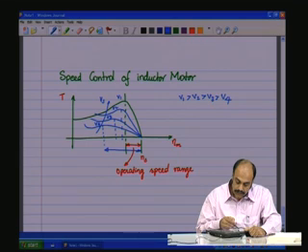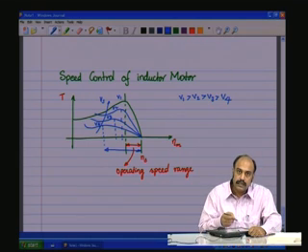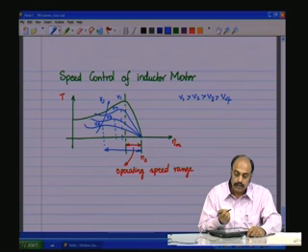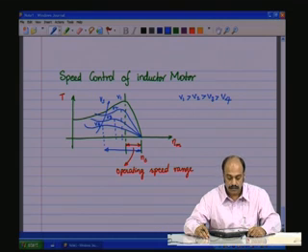However, as the voltage keeps reducing, the current drawn by the motor will be higher because it has to support the same rotating flux within the machine.